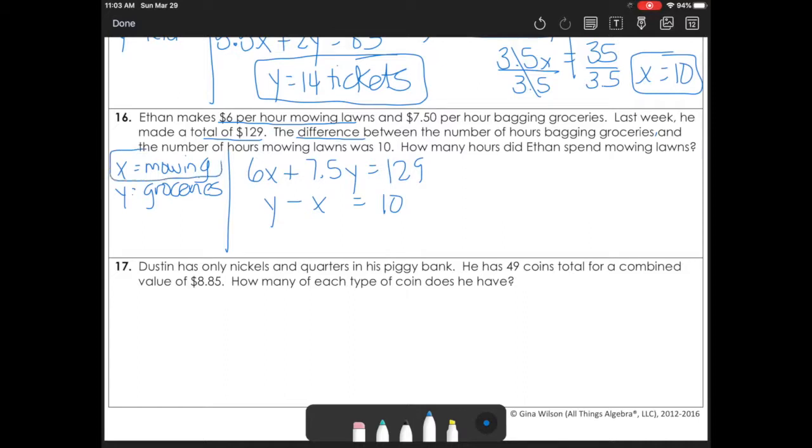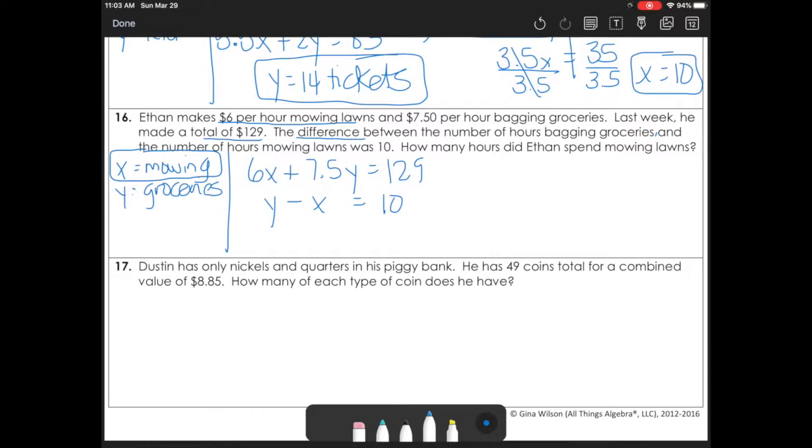So we want to know at the end of this what x is. I'm going to use elimination for this. See how this says x plus y and this says y minus x?